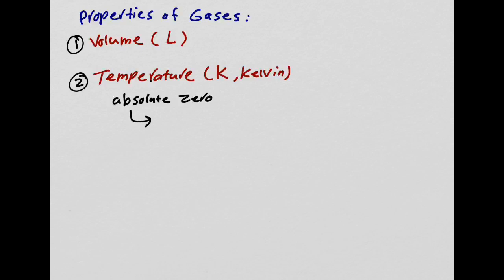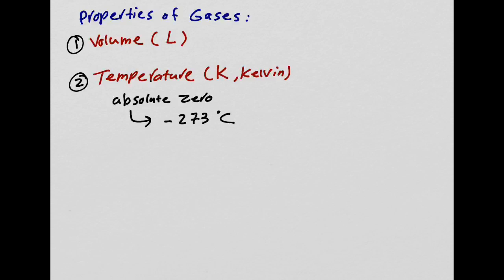So absolute zero. What's absolute zero? Absolute zero is the coldest temperature possible. The coldest temperature possible is negative 273 degrees Celsius. They said, you know what?